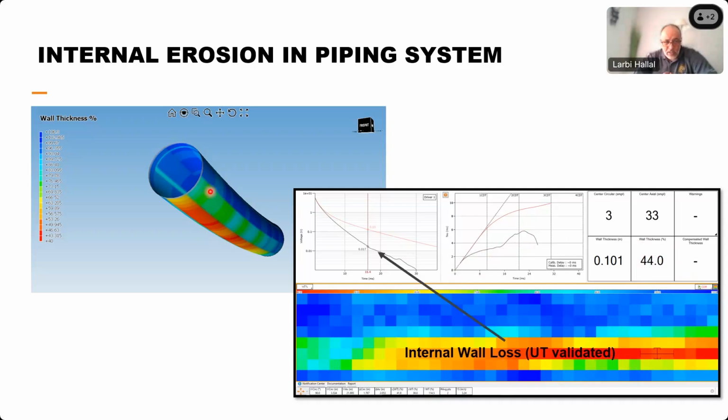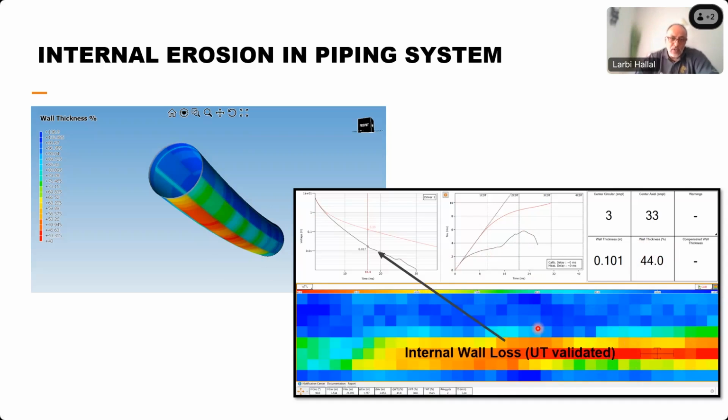And finally, as the pipe becomes accessible, if you remove the insulation on top of the pipe, you can access directly and do some UT measurements, so manual UT or phased array corrosion mapping, and it's easy to validate the wall loss at the end.